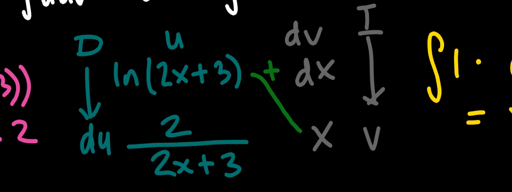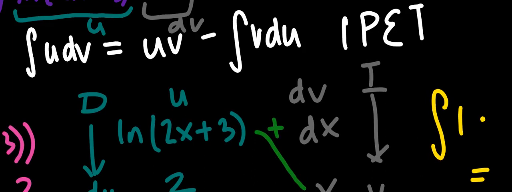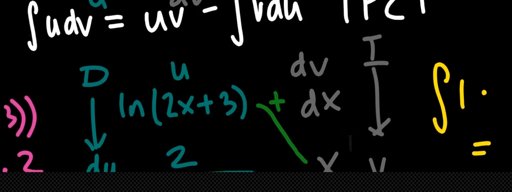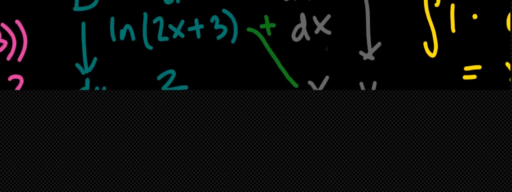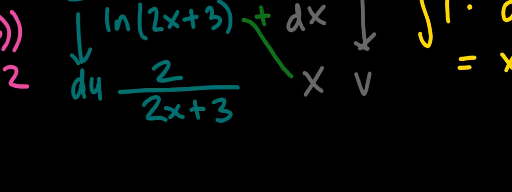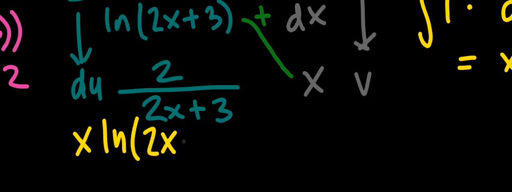So from here we have the integral of u dv is equal to uv minus the integral of v du. x is our v, and ln of 2x plus 3 is our u.